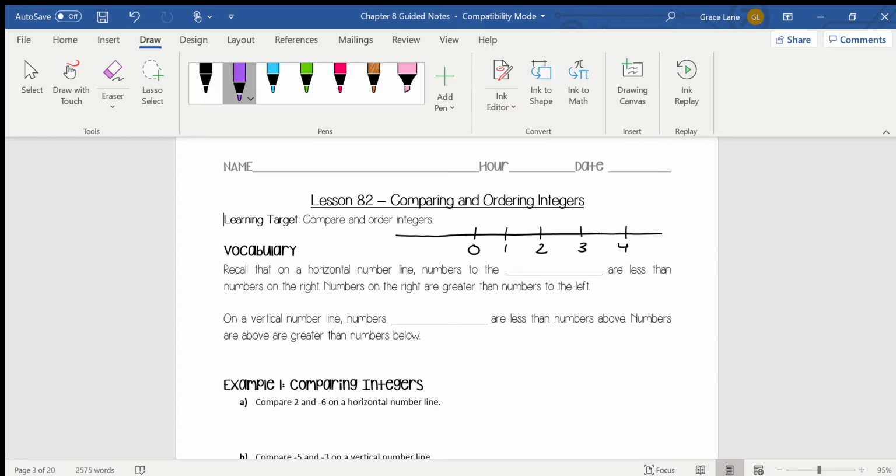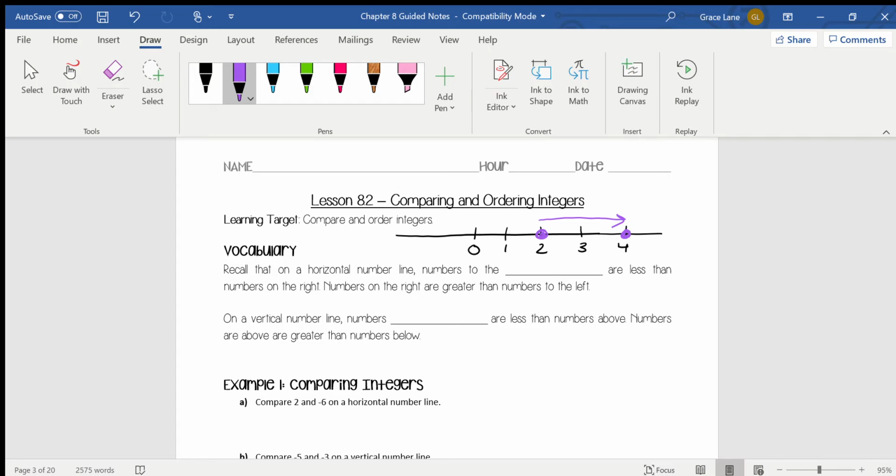So for example, I know that 4 is bigger than 2 because as you move to the right, numbers get bigger. And I know that 2 is smaller than 4 because as you move to the left, numbers get smaller.